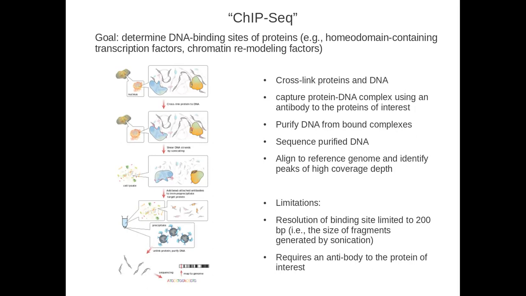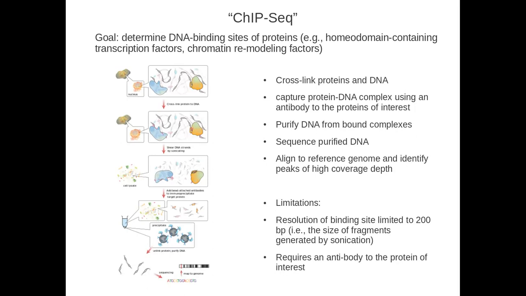We then capture the protein-DNA complexes using antibodies. The antibodies are typically attached to beads. So the antibody binds to the protein part, which of course is still bound to the DNA where it was bound natively, and then we can pull the beads out and thereby pull the target protein and its complex to DNA out of the sample.